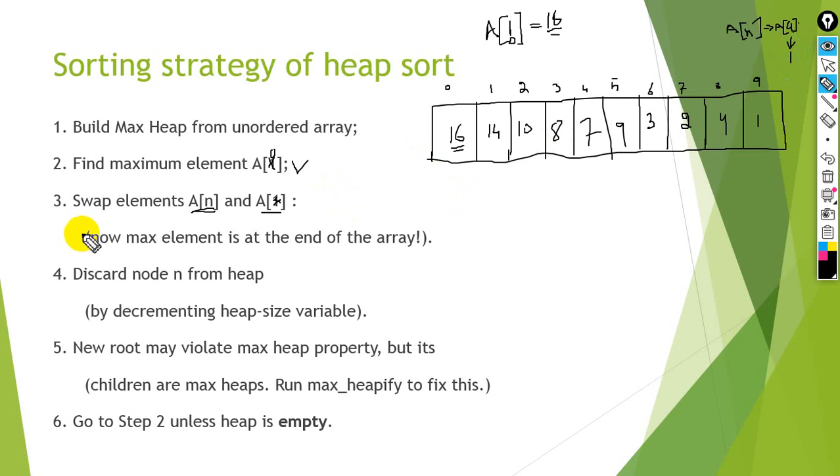So now we make a swap of element 1 with this; we will swap this with this. Whatever element is here, swap it, because the maximum number should be here, the biggest element, since this is a max heap. So 16 goes here and 1 comes here.